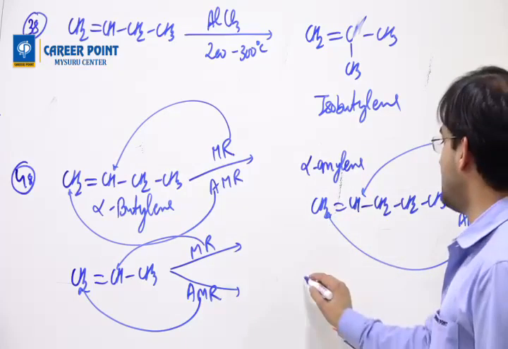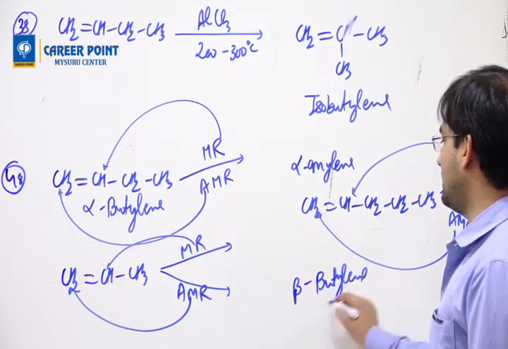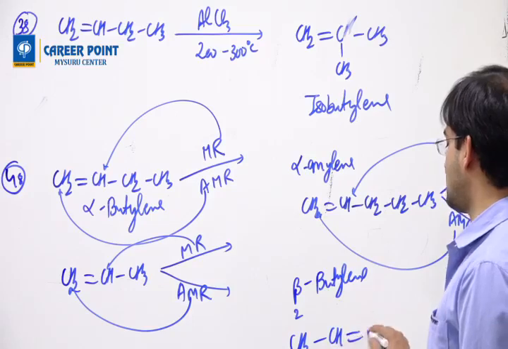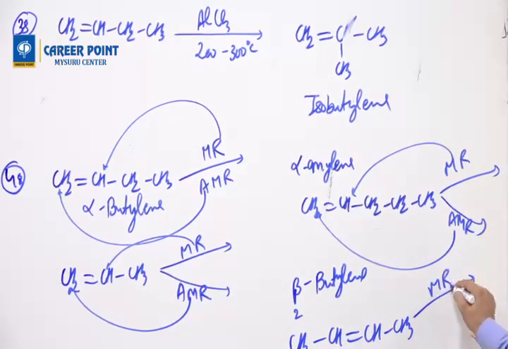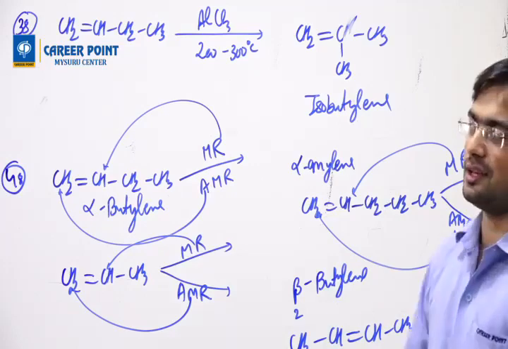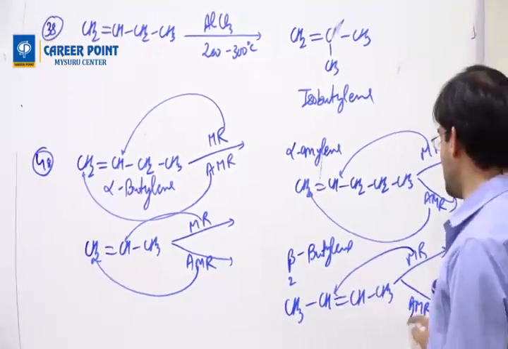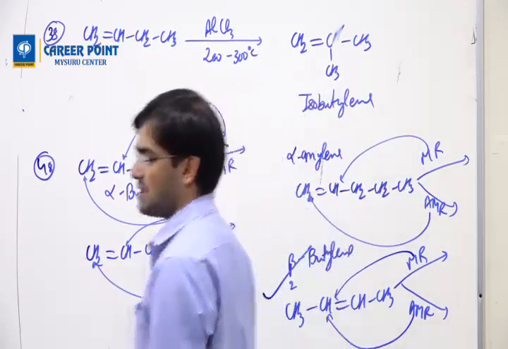And the last one is beta butylene. Beta means the double bond is at the second carbon: CH3, CH double bond CH, CH3. Now both the carbons have the same number of hydrogens. Markovnikov's rule says the carbon with fewer hydrogens, but you cannot figure it out. Both places are the same, so it will give a single product.